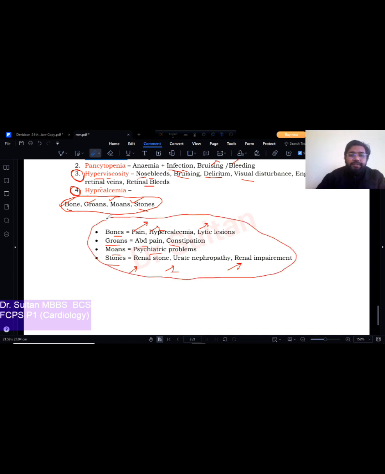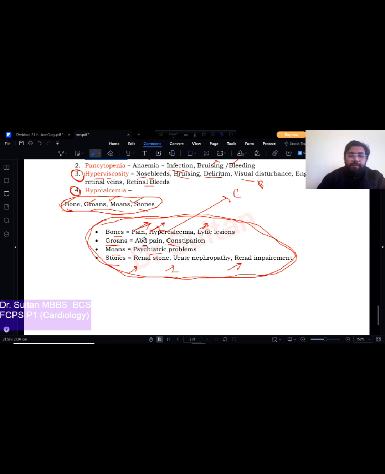the other features of multiple myeloma also. Okay, you can remember with these mnemonics, like the patient can have bony pain. There is hypercalcemia. It is one of the features of CRAB. You see the lytic lesion or the bone lesion. There is B. Okay, the groans, there can be abdominal pain, constipation.